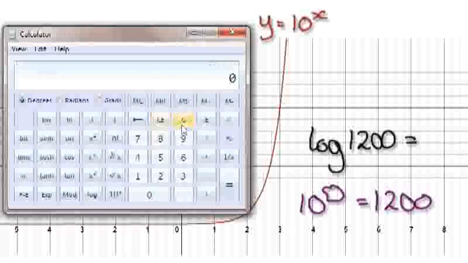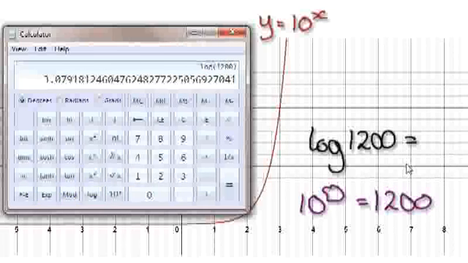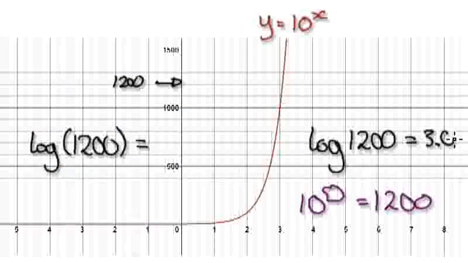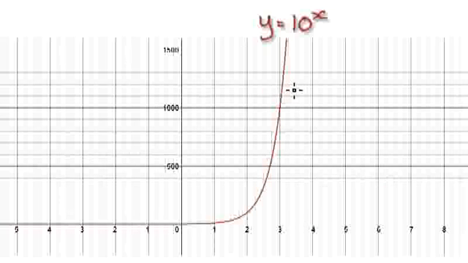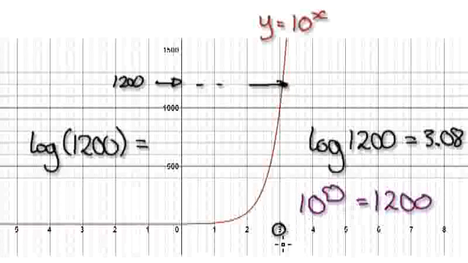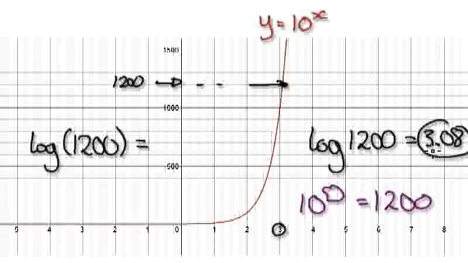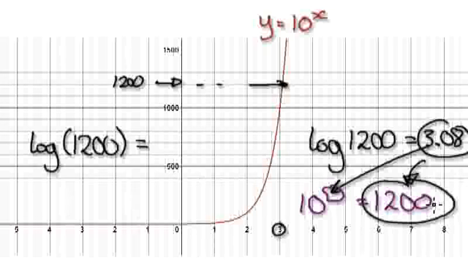On this calculator, this one here will be 1200, and then push the log button. It will give you 3.08. Looking at this here, you can see that this point here is just slightly over the 3 mark, and it happens to be 3.08. So if you put 3.08 into here, it should give you near enough this 1,200.